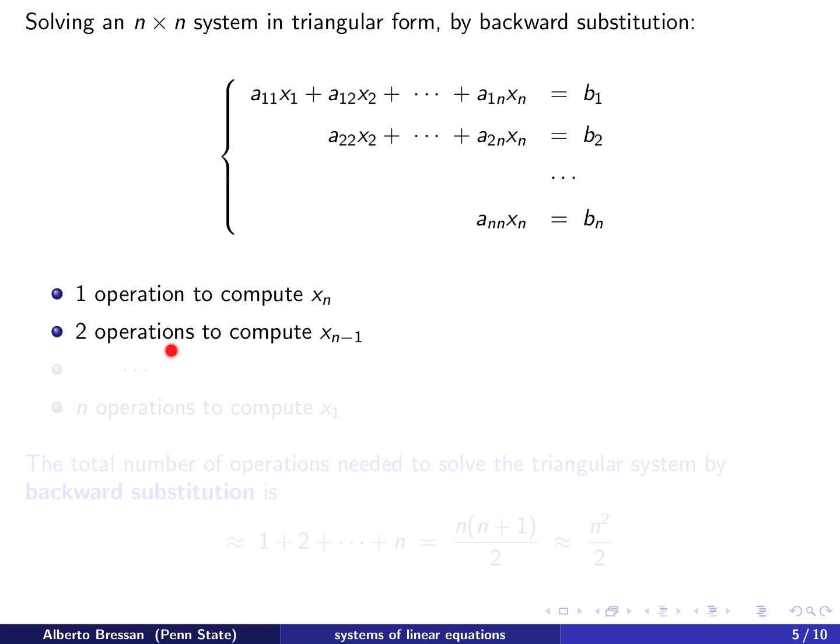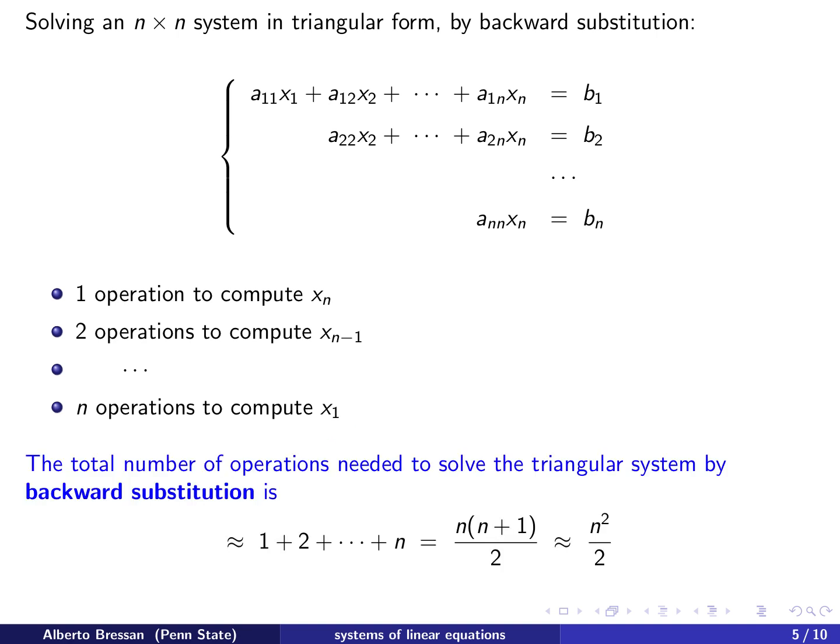So there are 2 operations. And then you keep going backwards, and you realize that each time you go 1 step back, the number of operations will increase by 1. So it will be 1, 2, 3, 4, all the way to n when you compute the first unknown x1.